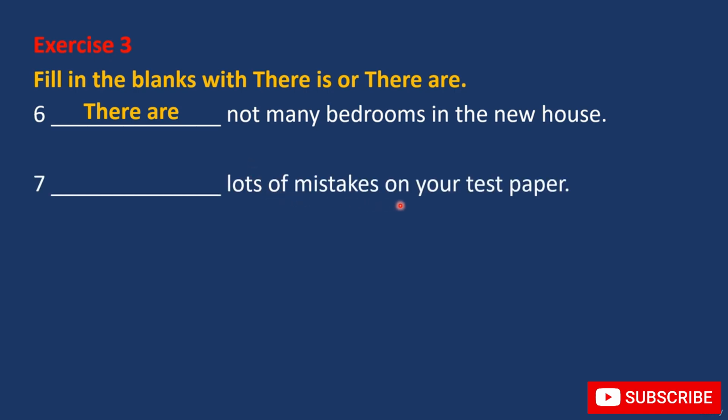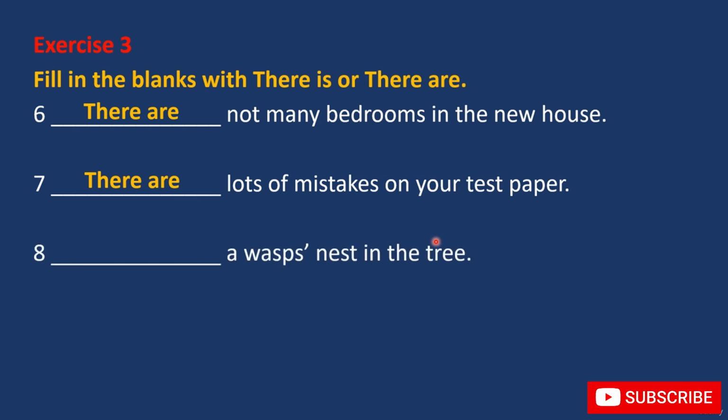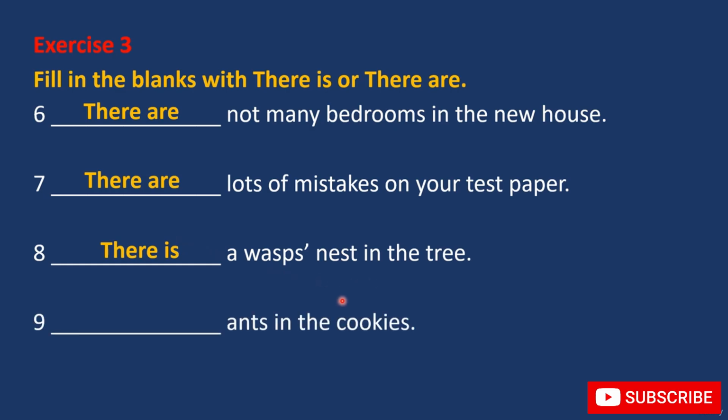Lots of mistakes on your test paper. There is lots of mistakes or there are lots of mistakes? Surely there are lots of mistakes. Perfect. A wasp's nest in the tree. There is a wasp's nest in the tree. Perfect. Ants in the cookies. There is ants or there are ants.